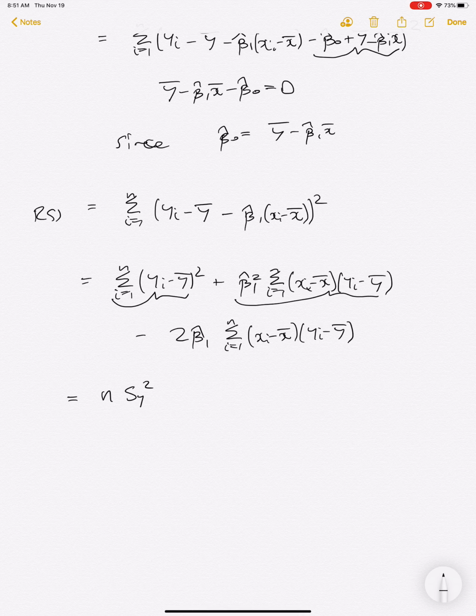The second term is plus beta hat 1 squared, times, sorry, that is incorrect.